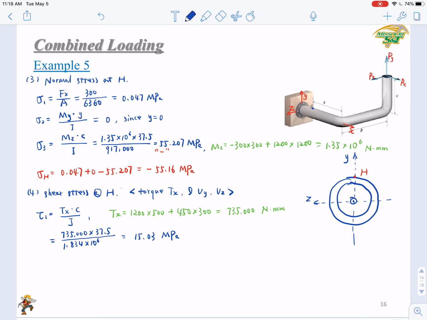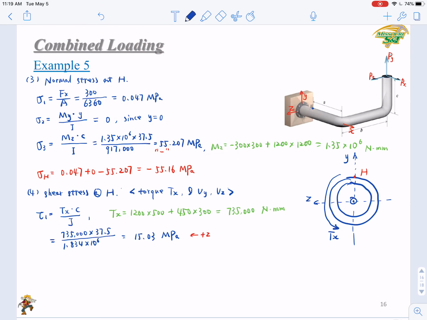When you have a positive torque, Tx, this cross section will be rotated in this direction. So the shear at point H will be pointing left, or in positive Z direction. So this is the direction. If we have more than one component, you need to consider their directions to determine how to add them together, if they have the same sign or not.